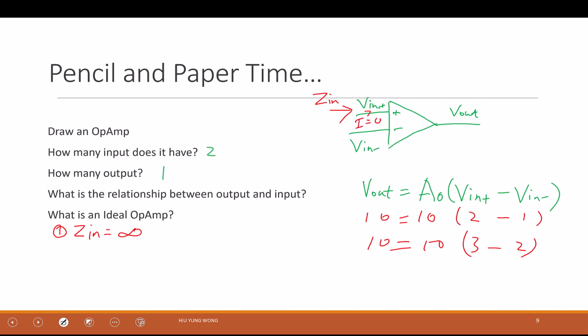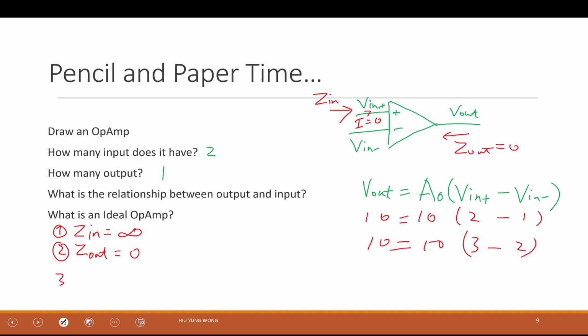I must be 0 for the ideal one. What is the output impedance? 0, right? We will review a little bit more later why we want it to be 0 when it is ideal. So it means when I look into here, the output impedance has to be 0, okay?